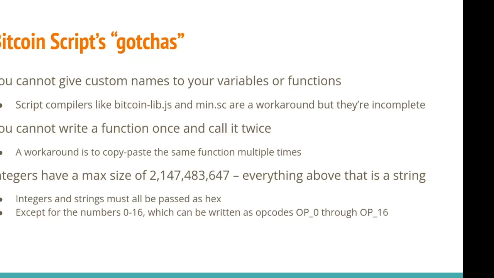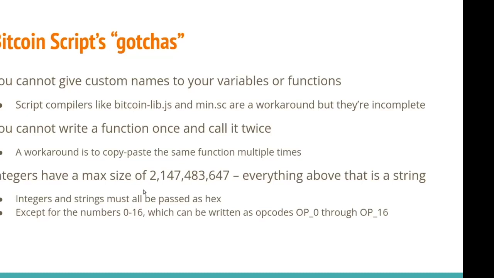But Bitcoin doesn't let you do that. Bitcoin.js lets you, when it compiles, paste it multiple times for you if you wanted to do that. But once it gets down to Bitcoin, it's actually written out sequentially.